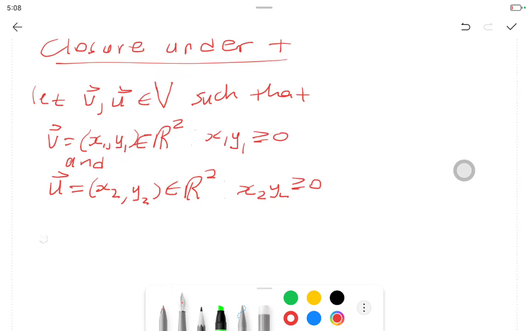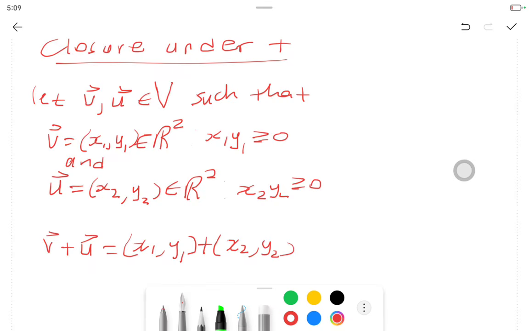Then for me to check closure, I'm going to add V and U, and this is going to give us (x1, y1) plus (x2, y2).